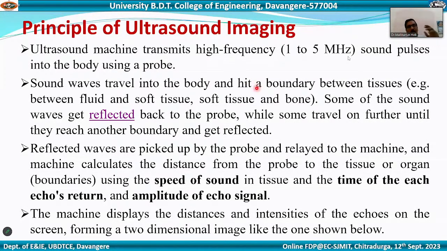Ultrasound has a very good property: whenever the composition of the tissue changes, at that particular boundary the ultrasound is reflected back. In that way, at various levels, the ultrasound gets reflected back from the human body. So what we do is capture the echo.